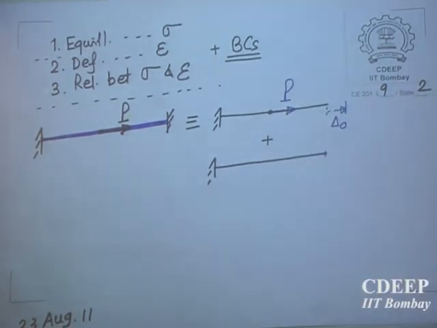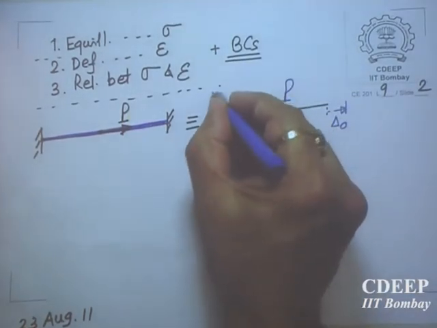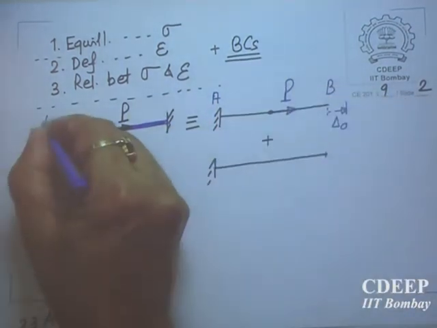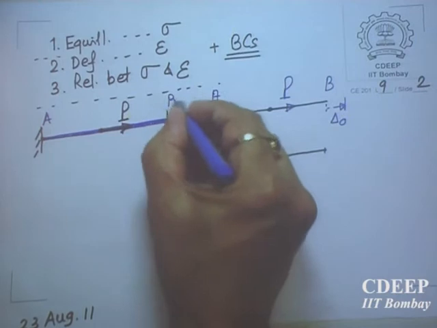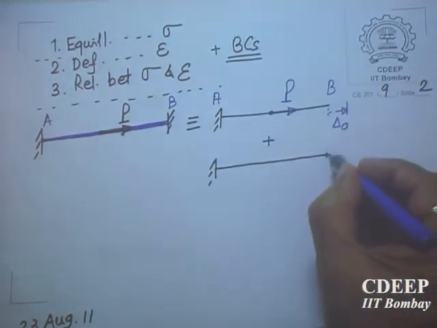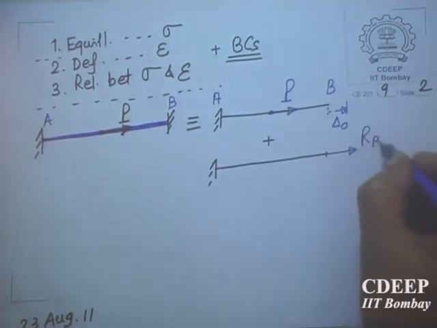If you have made it free, it means the reaction is not there. So you must put the reaction here. This was your A, and this one was B. So I will put here plus, and RB.